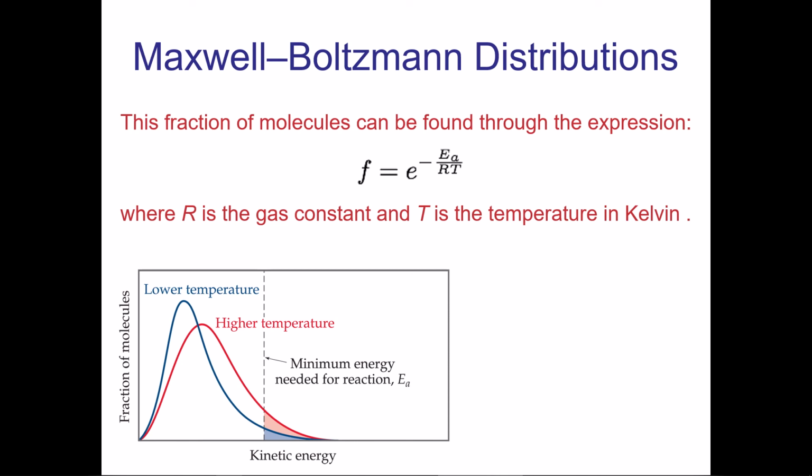Temperature has to be in Kelvin, and our activation energy is measured in energy units of joules or kilojoules. So filling in our temperature, our gas constant, and our activation energy for a reaction, we can calculate the fraction of molecules at that particular temperature that would fit under the curve.